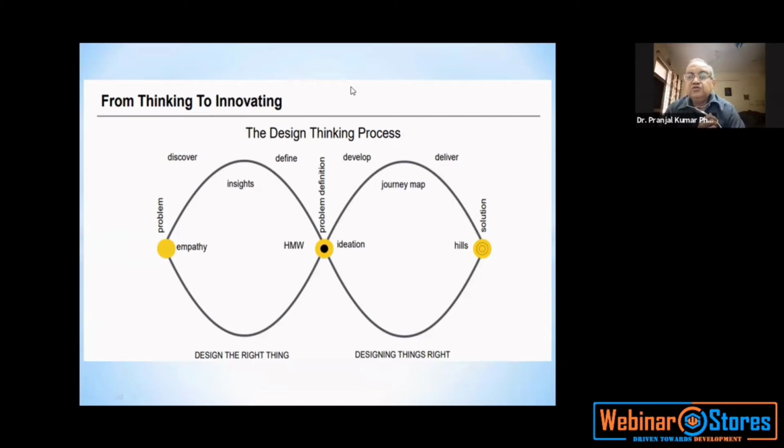It is not like I will start with empathy, then go to insight, then do HMW, then go for ideations. No, not like that. It can be started from any point of time, like a sprint design. But the only thing is that you have to touch upon all these 5 pillars of design thinking to understand and to innovate.